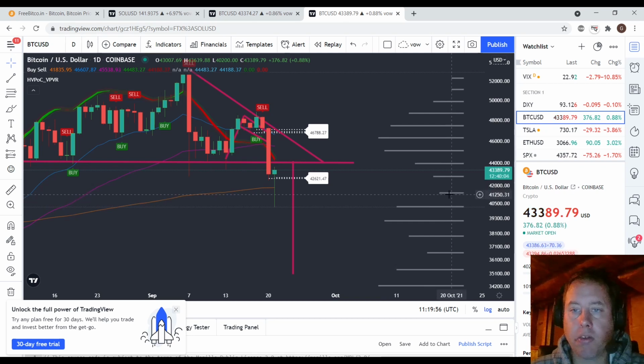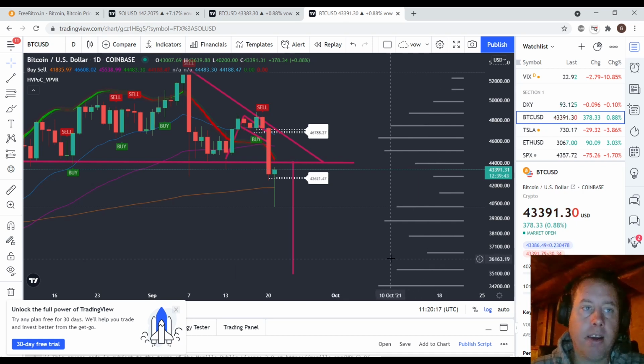As we see, there was not much support at 42-ish, 41-ish. So we just blew through that down here, found support, and it went back up. But if we don't manage to get into this triangle again, this is the target to the downside, and it coincides with a nice VPVR support level.